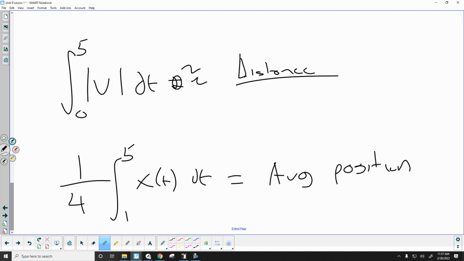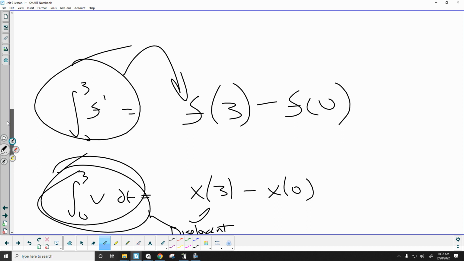This is accumulation of speeds, that's distance. None of you knew this was just a change in F, a displacement of F. This is a displacement, this is a position. An area under a derivative, an area under a rate, is the change in the total. You can't forget that stuff. If you don't understand what it means, what's the point in calculating it?